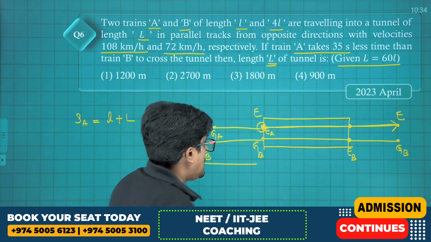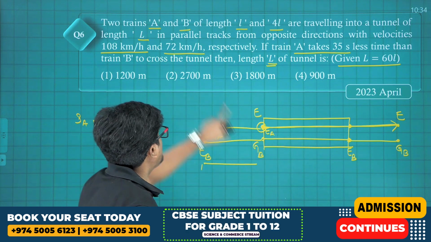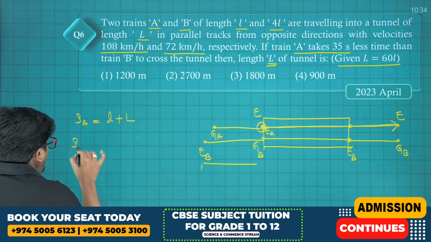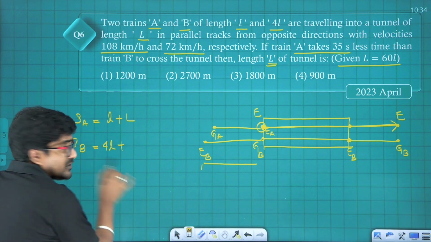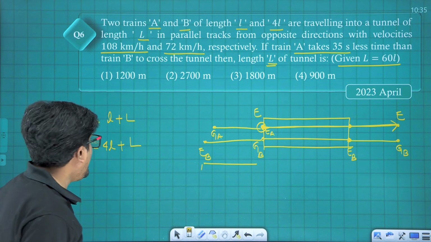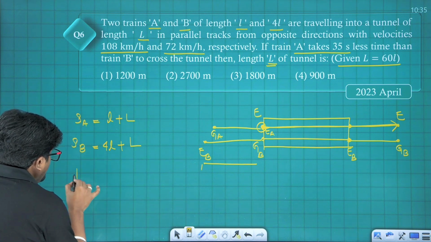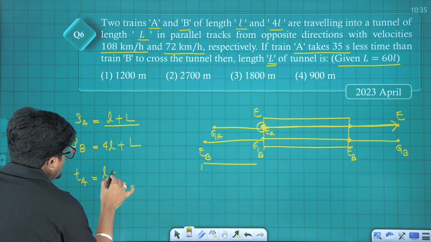That is 4l. So from entering till leaving, the total distance travelled is capital L plus 4l. So distance travelled by train B is 4l, the length of the train, plus capital L.